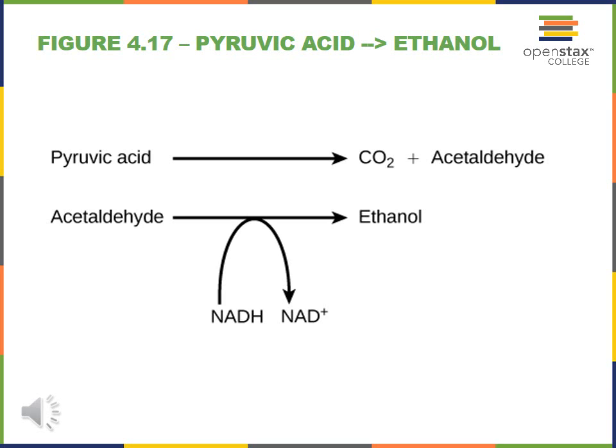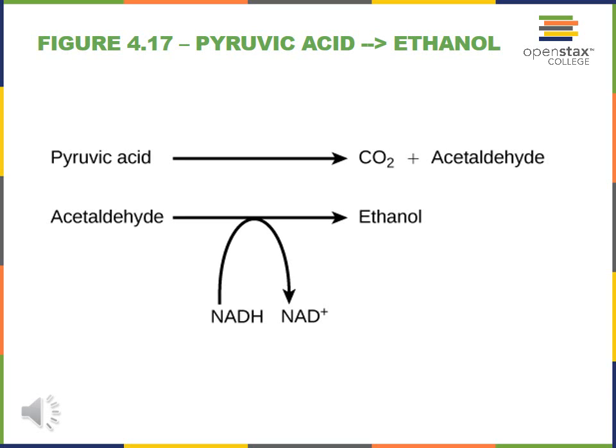And your book gives you the nitty-gritty process of how this happens, all the little details, which for this class you don't need to know. Just this particular depiction, these two chemical reactions, that's really all I care that you know.